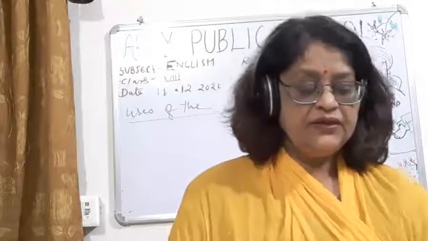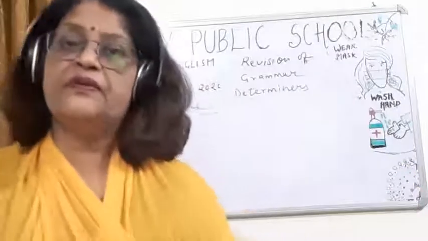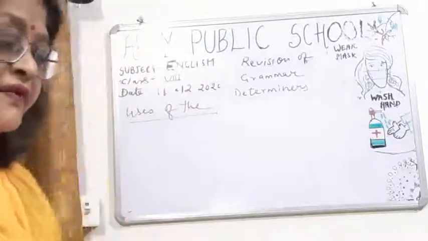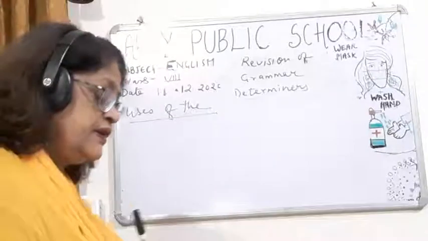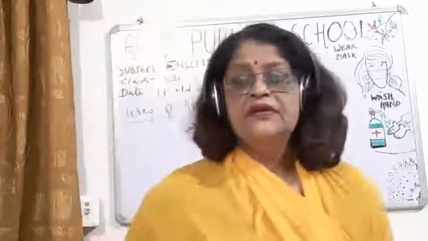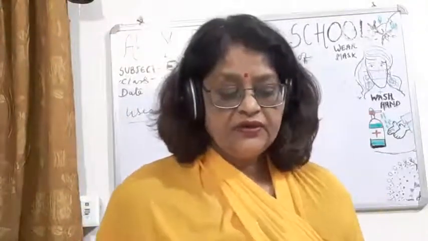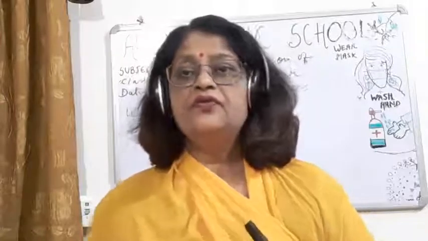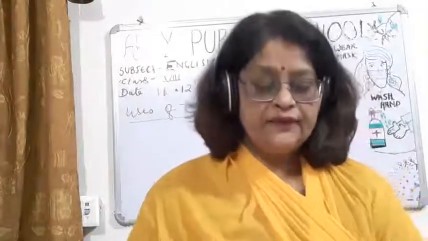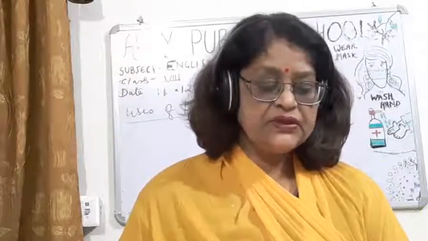Then "the" with the name of a newspaper. Children, in letter writing I have taught you that you always have to write "the" with the name of the newspaper, like the Hindu, the Times of India. So we always use "the".